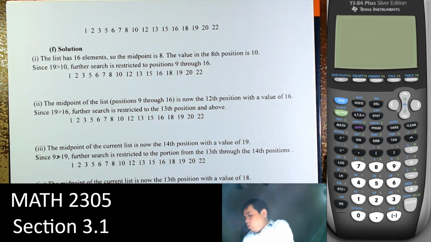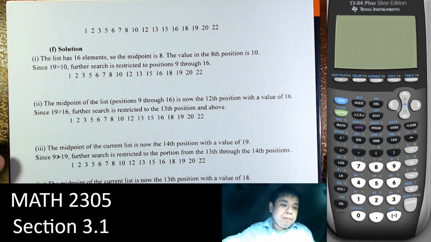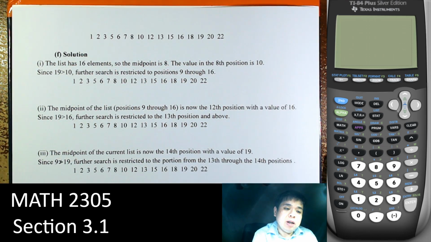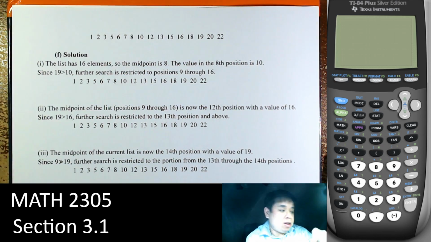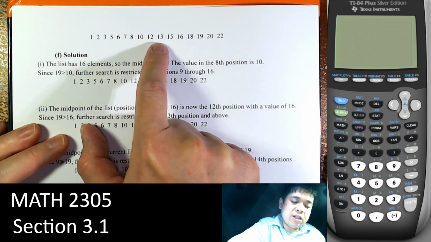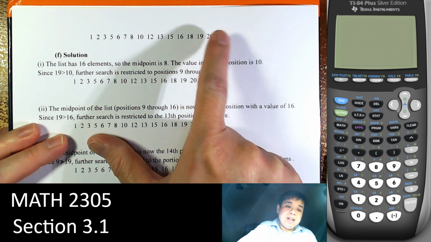Now, I said we try to think like a computer. So we have this list of numbers, of course in increasing order. Let me see how many we have here. 1, 2, 3, 4, 5, 6, 7, 8, 9, 10, 11, 12, 13, 14, 15, and 16.